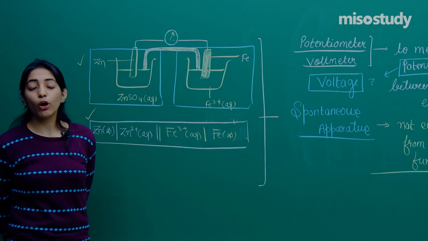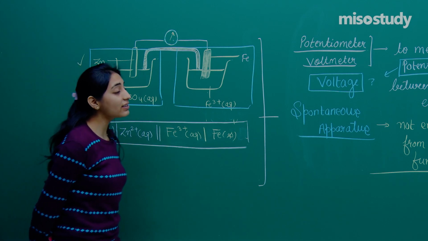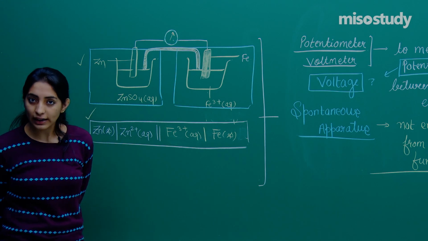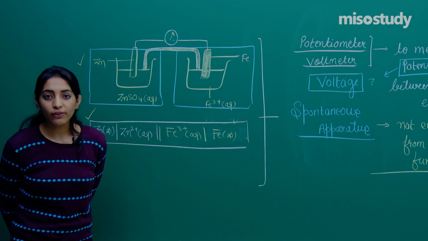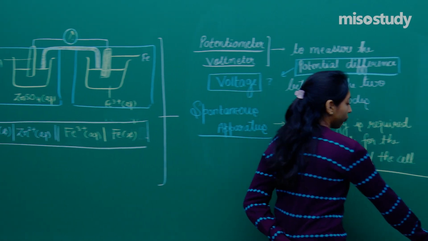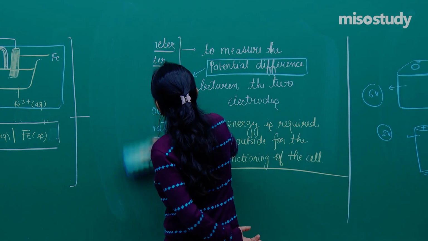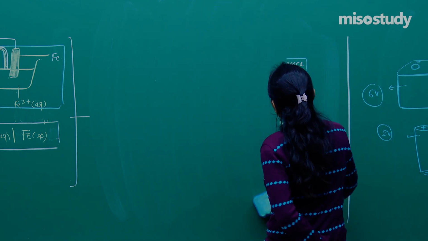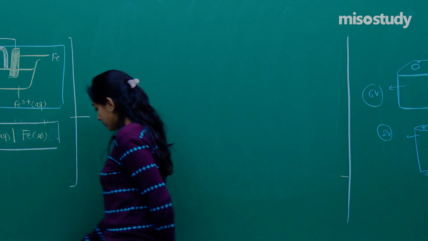Some cells will be of a higher voltage or higher potential difference, whereas other cells will be of lower voltage or lower potential difference, right? So now to define the potential difference, we will use a new term, which is electromotive force. So let's try to study the details of electromotive force.